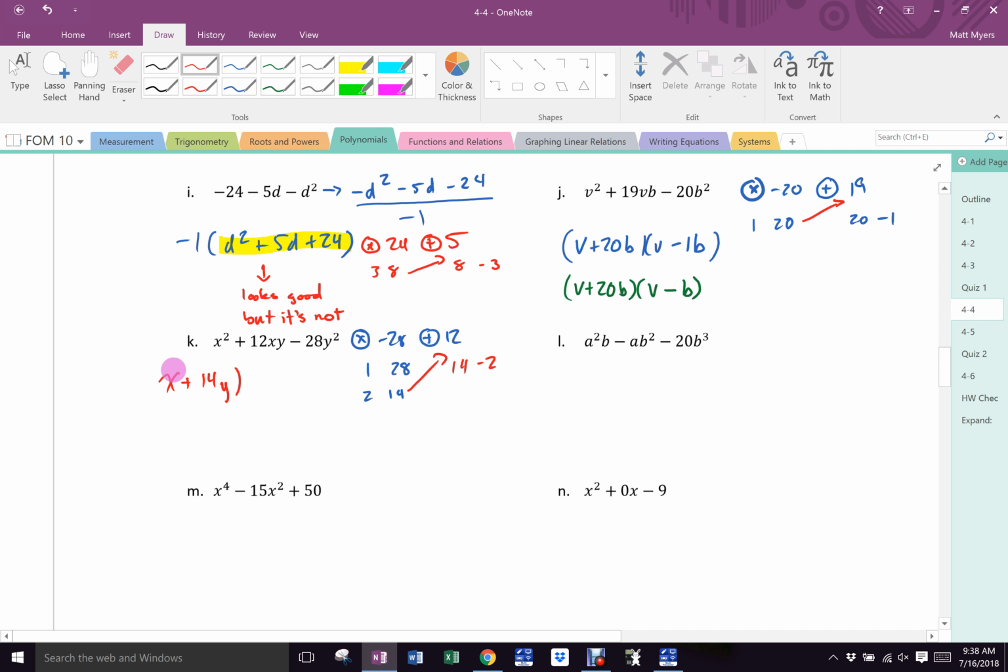Y. X minus 2. Y. Why do I need that y? Because at the end, I need to have y times y to make y squared. Is everybody good?